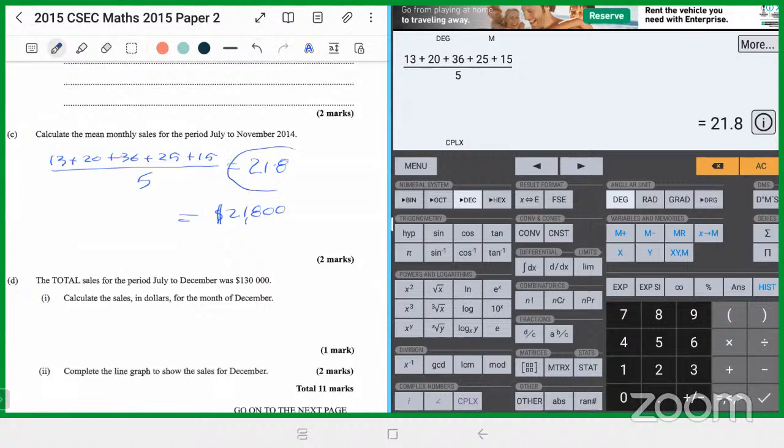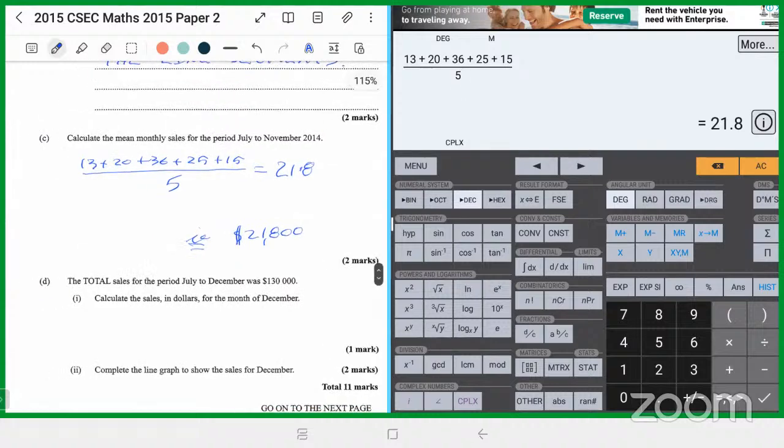Because these values are in thousands, you get 21.8, and to get the actual amount, you put the dollar sign on it. So let's write, that is 21.8 multiplied by 1,000. That's the amount. Okay with that? Sure.